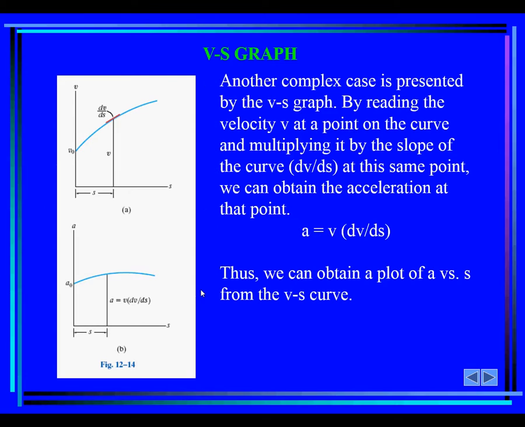The velocity versus position plot. So in this case, if we use a graph like this, a velocity versus displacement diagram, we could read the velocity v at any point on the curve and, multiplying it by the slope of the curve at that same point, we'll obtain the acceleration.